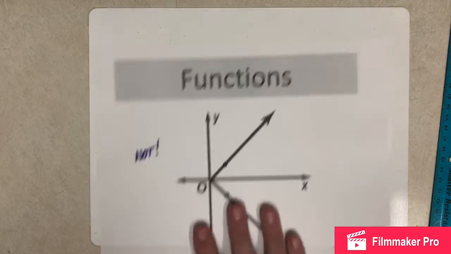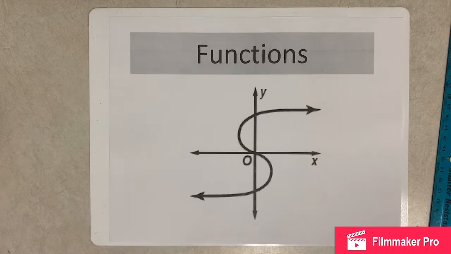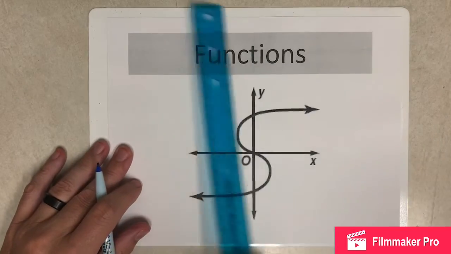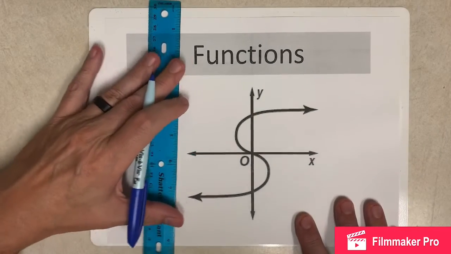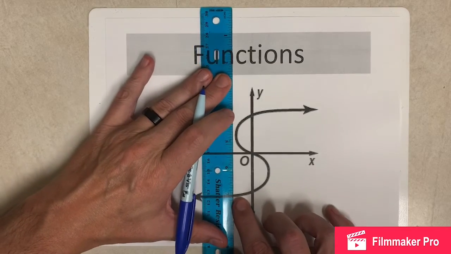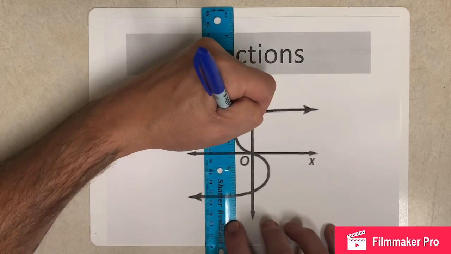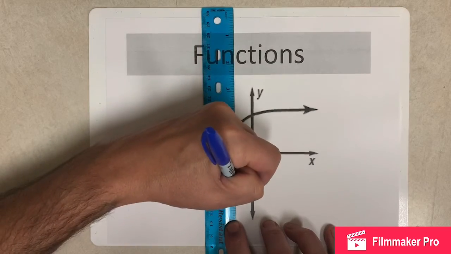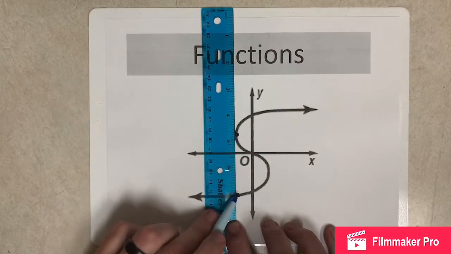You're gonna get all kinds of these, like this one. That's just a weird looking relation. It is a relation, it's just kind of weird looking. So let's try this one out. So we're going across, we're good here, we're good. And then right there, it touches the ruler there and there. That's enough to kill it right there.